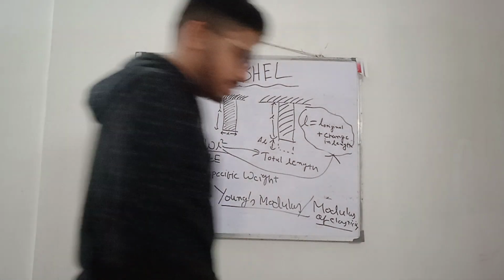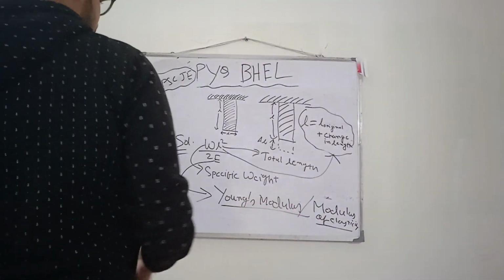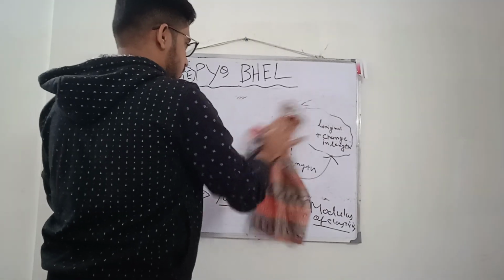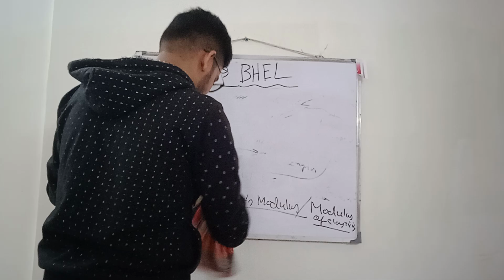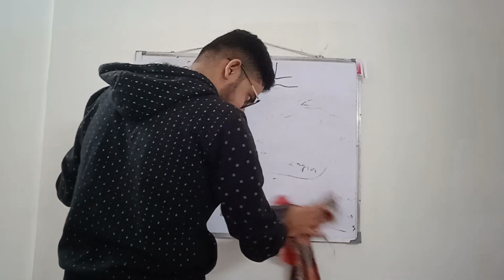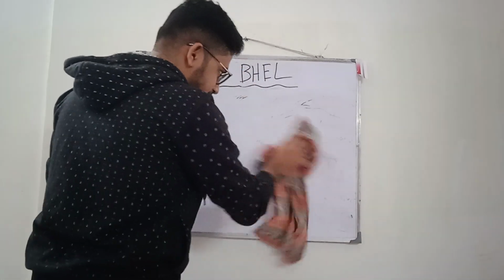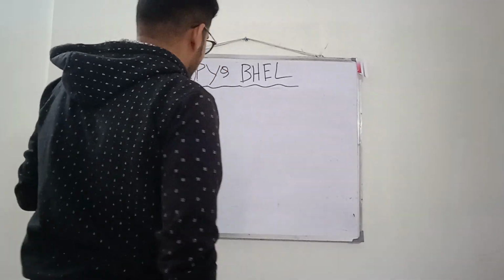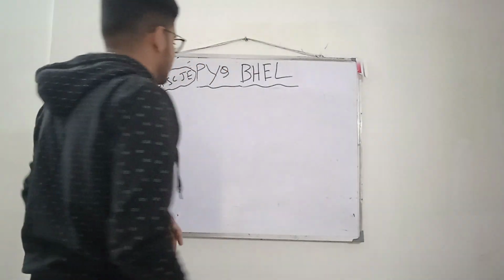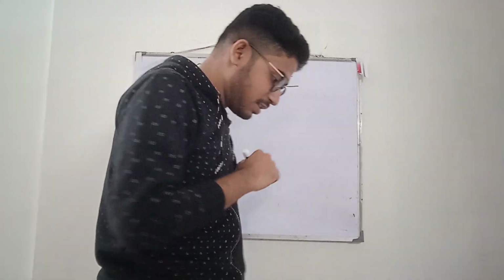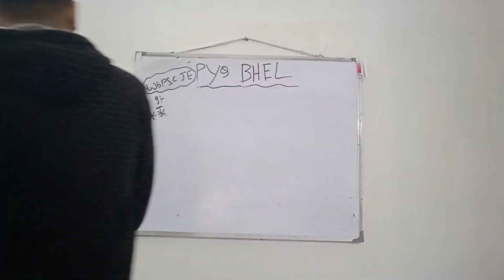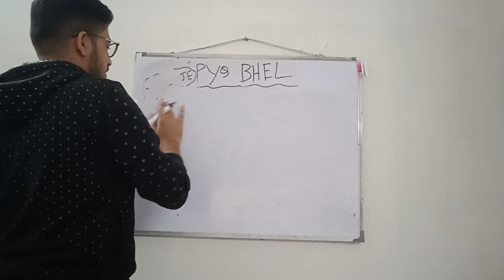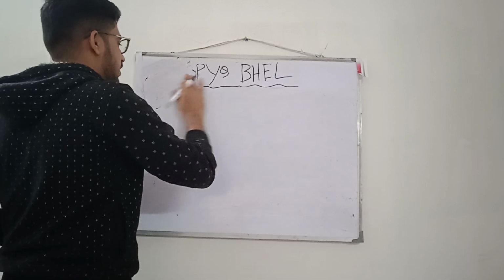I hope you guys noted it. So the formula of Young's modulus is linear stress to lateral stress. Okay, one second, I'm removing everything.